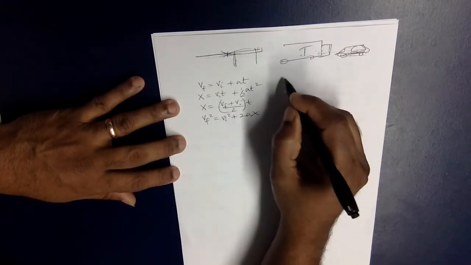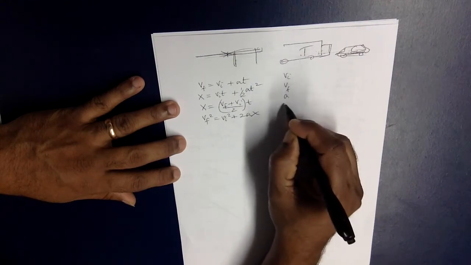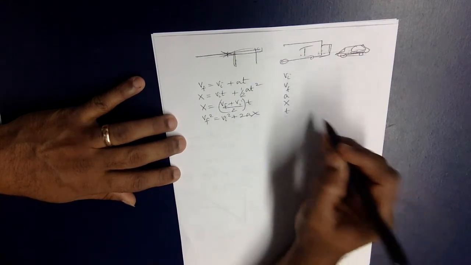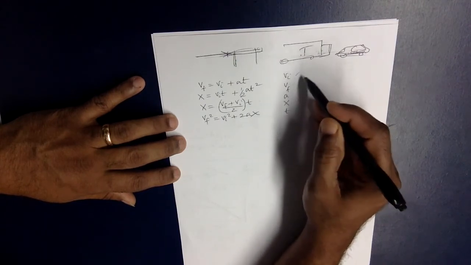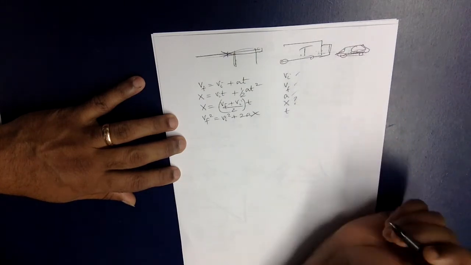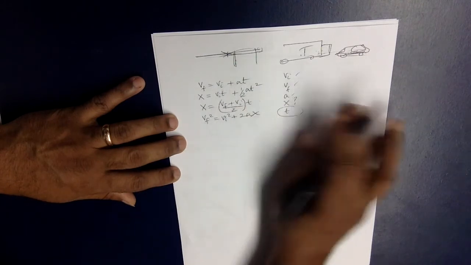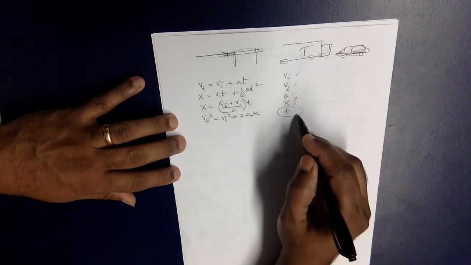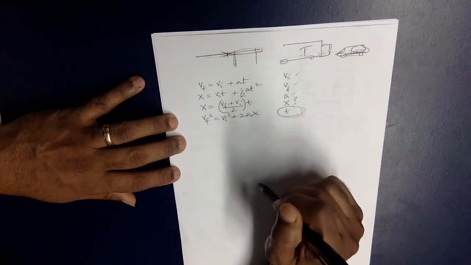Now there are 5 variables: Vi, Vf, acceleration, displacement, and time. Out of these 5 variables, you will be given 3 variables, and you will be asked for one other variable. One variable's information will not be available at all, so what you do is pick the equation that does not have that variable.